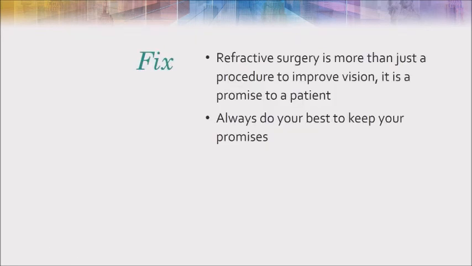So the results are important as well because you have to fix the problems that you have. If you don't hit your mark with the astigmatism correction, then you have to fix it, because just as Lisa was talking about earlier in the previous lecture, refractive surgery is more than just a procedure, it's a promise to a patient, and I think we should all do our best to keep our promises.